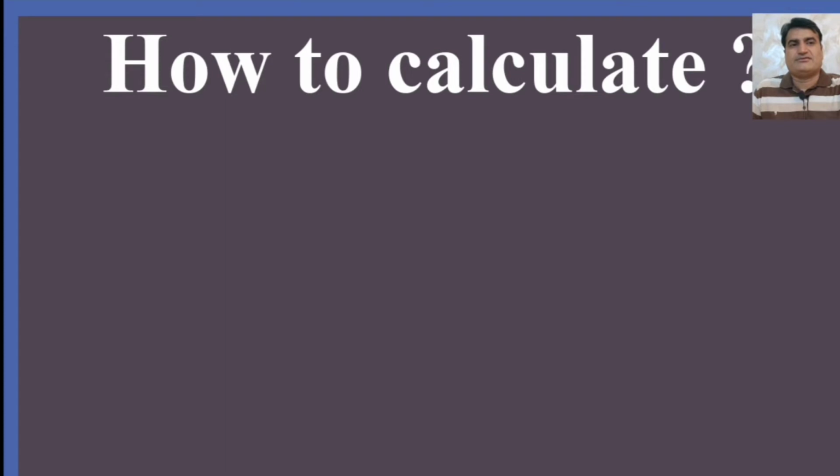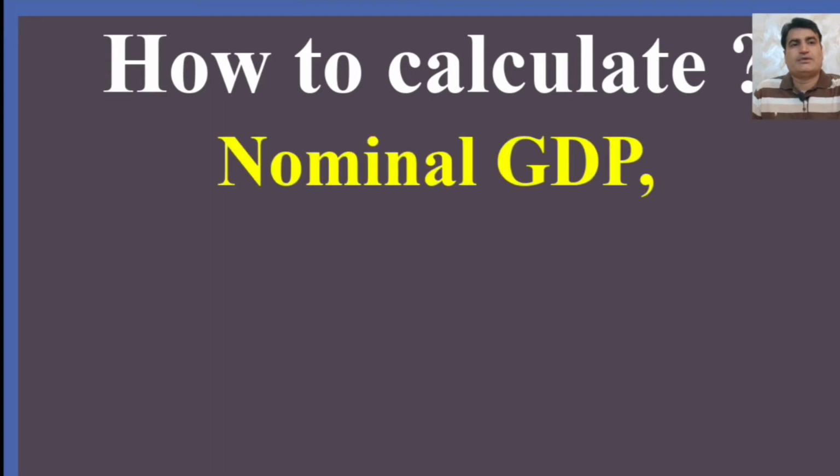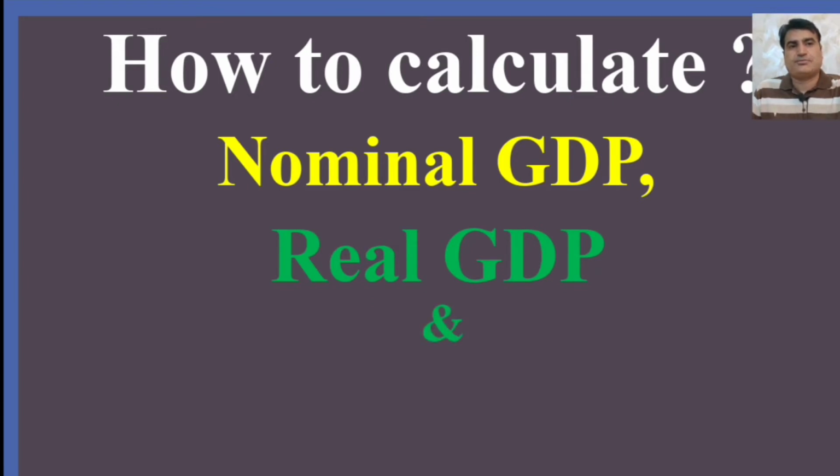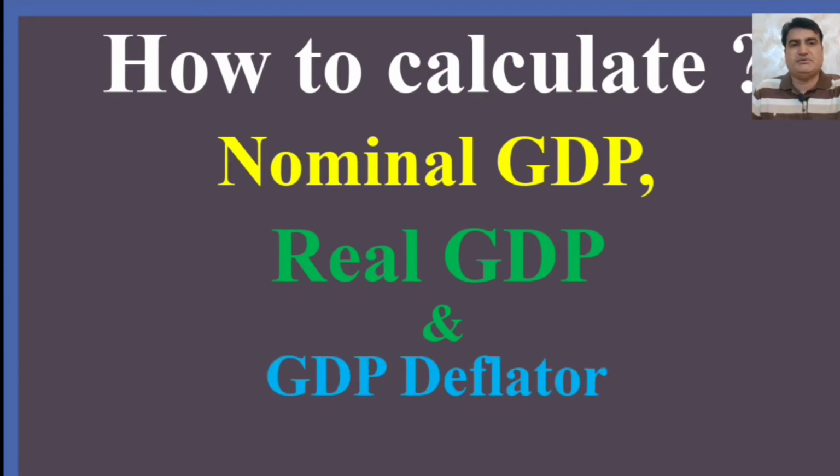In the previous lecture we learned about nominal GDP, real GDP and GDP deflator. In this lecture we are going to learn how to calculate nominal GDP, real GDP and GDP deflator.